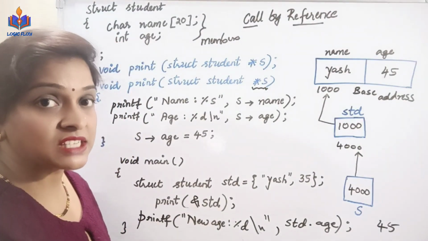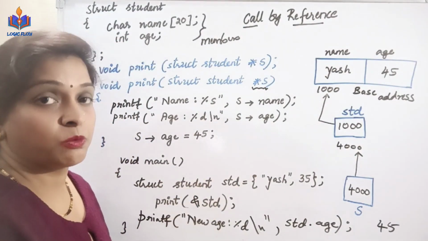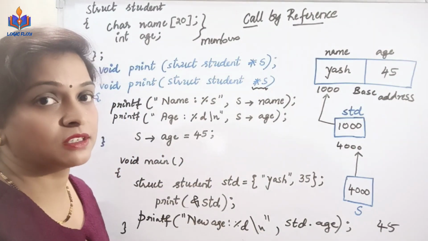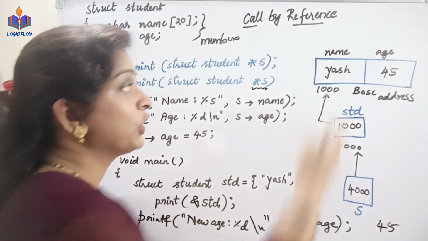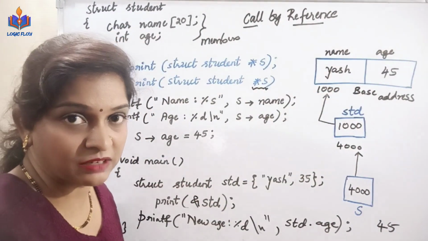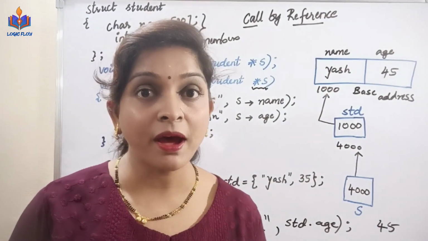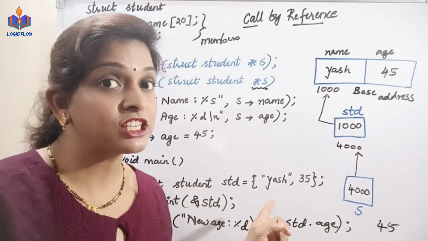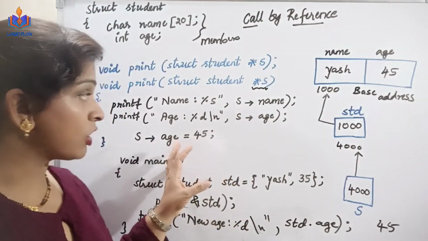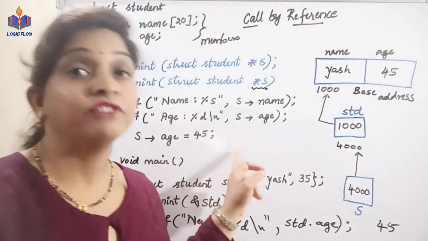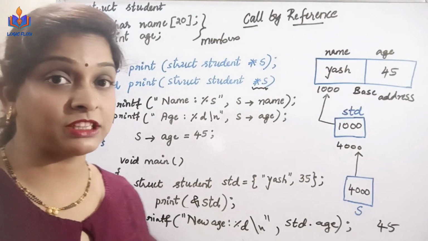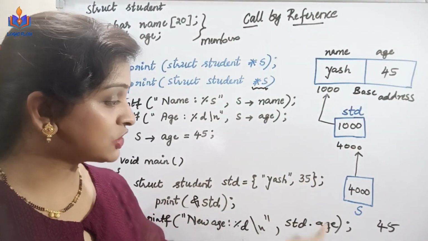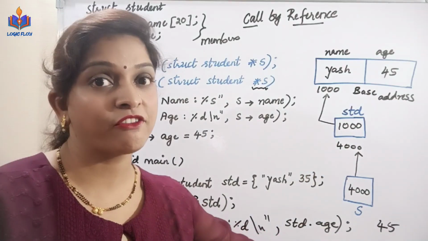So whatever changes I did in the structure definition were reflected back, because all the operations were done on the same structure itself. That is what we say when we pass the structure to a function with the call by reference method. The changes we do in the function definition will be reflected back to the place where the function was called. So here I'll come back, then I'll say std.age, it is not 35, it is 45.